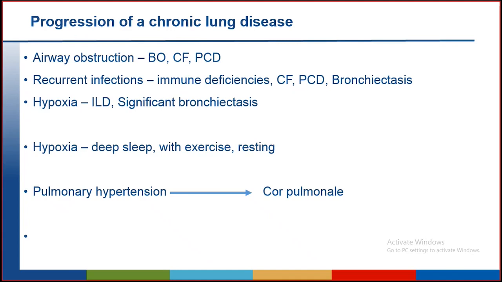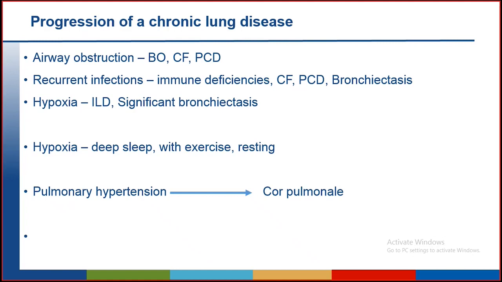And there are some diseases that, since the beginning, might have hypoxia. The classic thing is interstitial lung diseases. As we discussed last time, there are some specific conditions like surfactant protein deficiency, neuroendocrine cell hyperplasia of infancy, or maybe pulmonary interstitial glycogenosis.